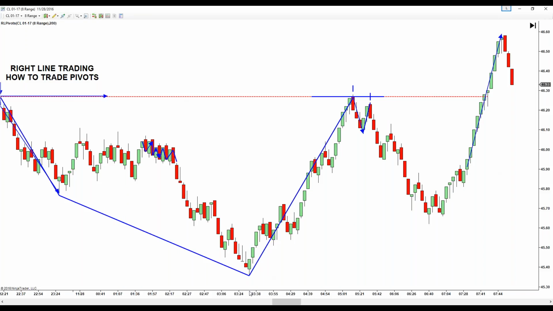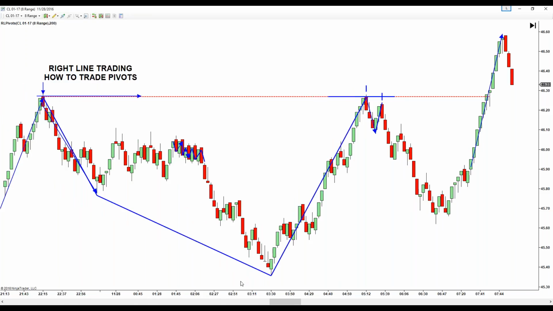Now, when is a pivot considered to be broken? And again, we have to go back to Japanese candlestick methodology. When are we sure that all the sellers present in this line have been firmly overwhelmed and this pivot no longer acts as a resistance barrier to upside price movement?